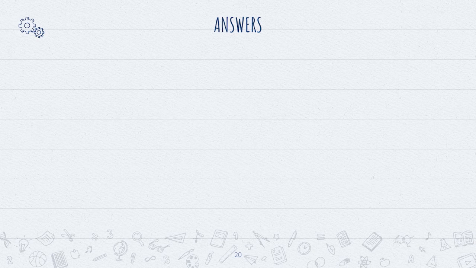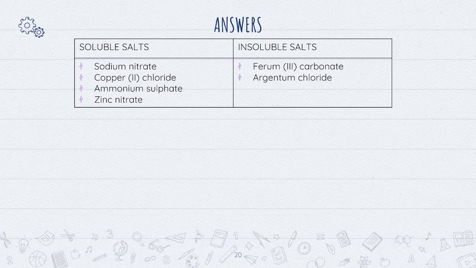Based on the question, we have soluble salts and insoluble salts. The soluble salts are sodium nitrate, copper chloride, ammonium sulfate, and zinc nitrate. And the insoluble salts are ferrum carbonate and argentum chloride.